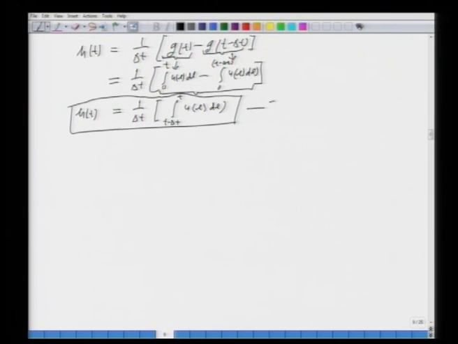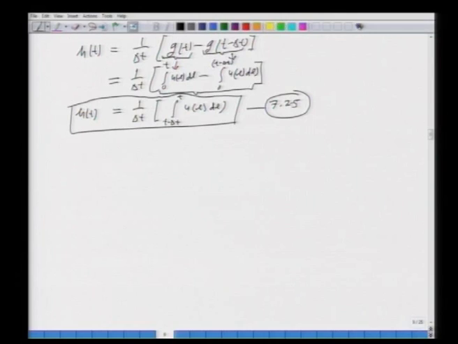Let us say this is 7.2.5. So, we have derived this equation for the unit pulse response function, and we have used the two basic principles of linear systems theory, which are proportionality and superposition, both of them.